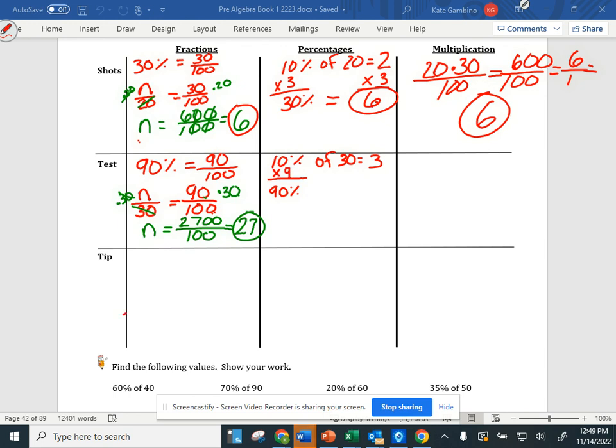So what we multiplied by on this side, we need to multiply by on that side. 3 times 9 is 27. So we wanted to get to that 90%, so we knew to multiply by 9, so we had to multiply by 9 over here, and we get the same answer of 27.